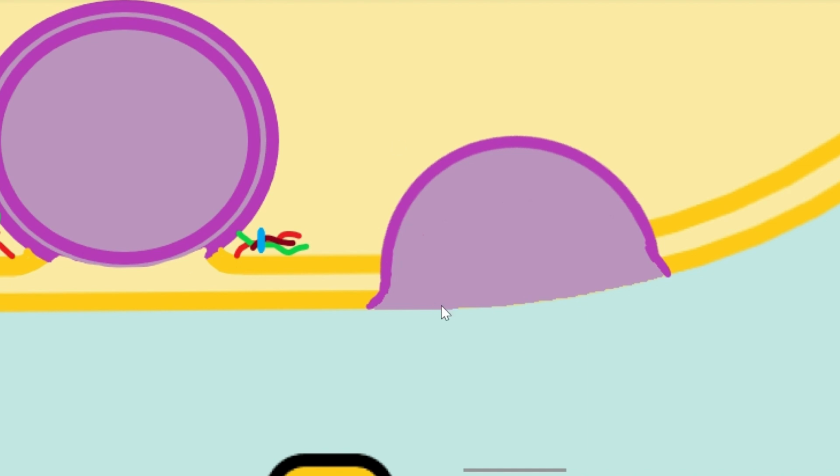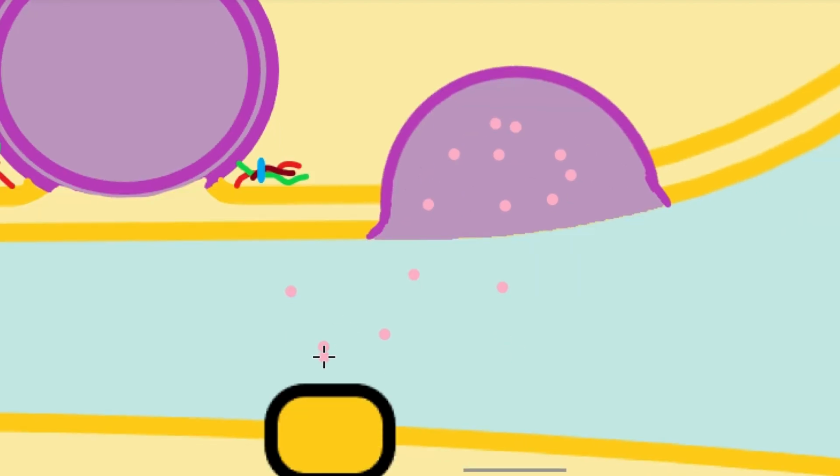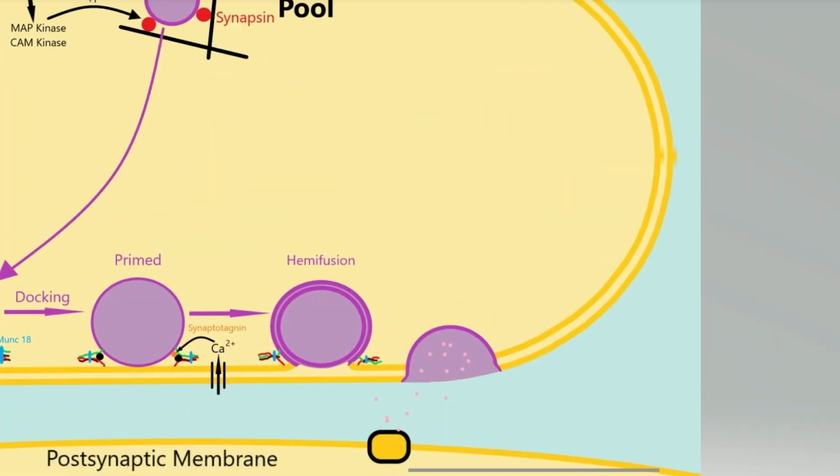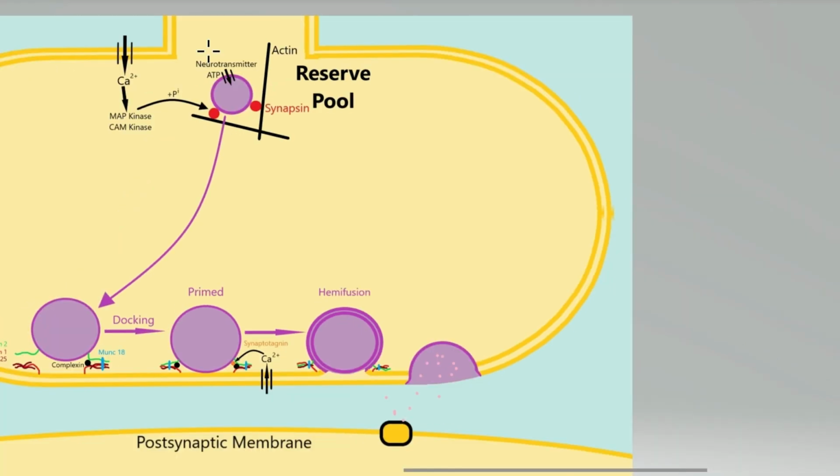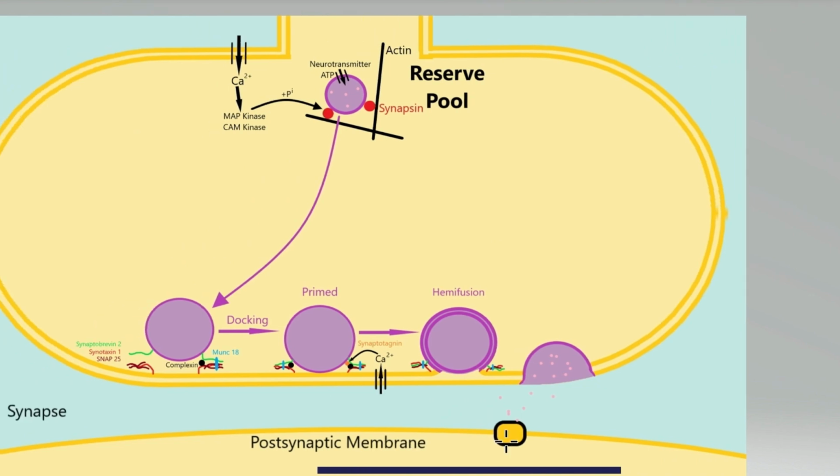This blue space out here and this purple space in here essentially become the same space, and any neurotransmitter you have in your vesicle is going to come out into your synapse and diffuse down to your receptor here, and it can interact with that receptor and cause an effect. And that is essentially how your vesicle goes from being created, having that neurotransmitter initially pumped into it up here, all the way to releasing that neurotransmitter into the synapse.